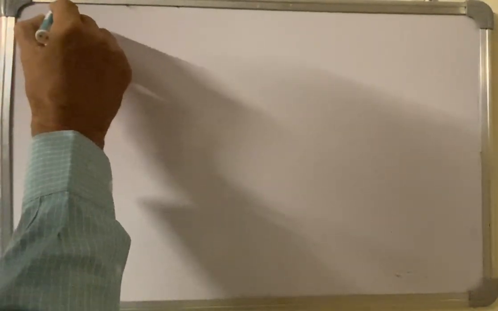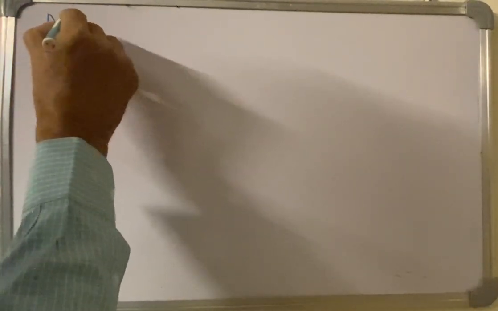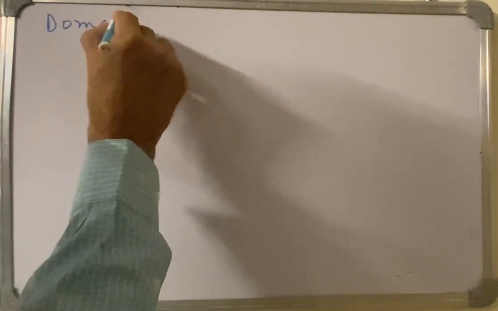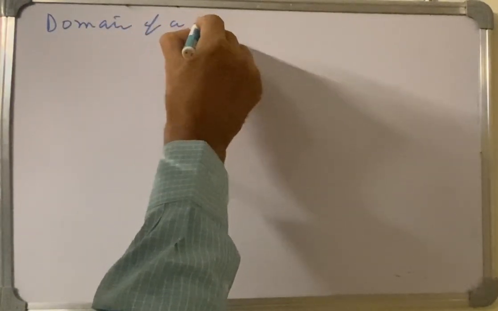Then we define domain, range and codomain of a relation. Domain of a relation.